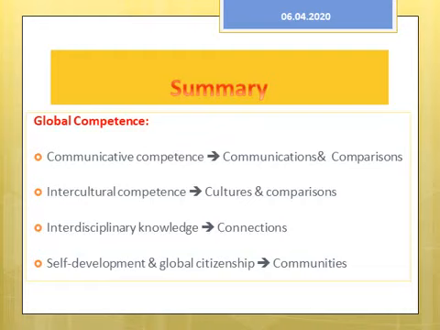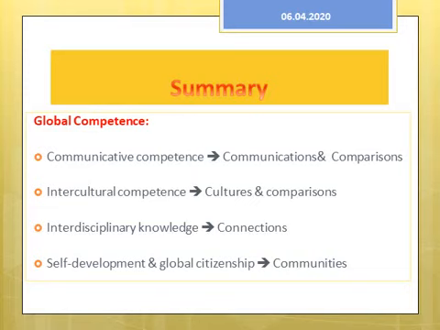According to the American Council on Teaching of Foreign Languages position statement, the standards-based language teaching adopts an eclectic approach that combines communicative competence manifested through the goal area of communications and comparisons, intercultural communicative competence promoted by the goal area of cultures and comparisons, and interdisciplinarity geared through connections alongside self-development and global citizenship enhanced through the goal area of communities.